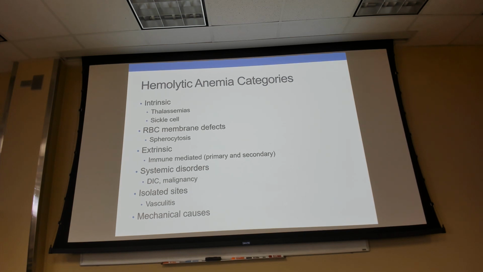What's wrong on the outside of the cell that's causing it to be destroyed? What is making a tag marker that's making the immune system come and destroy it? What other things on the outside are contributing factors that then attack? And then vasculitis, because that's how we connect all these together.